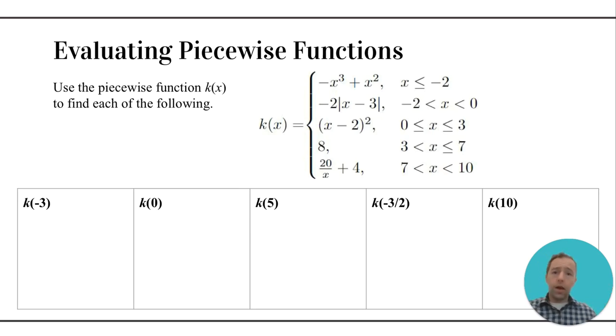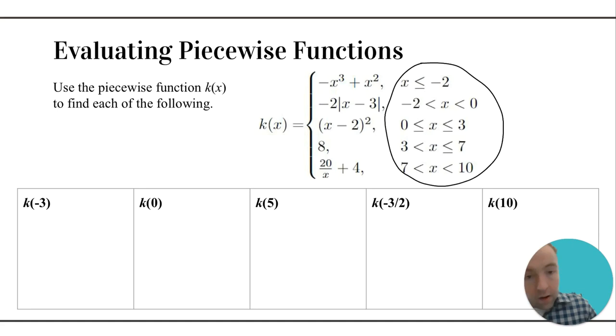What that looks like in terms of actually defining a single equation for the different pieces looks like what you're seeing right here for this function k of x. All of these things right here are really the different domain restrictions.